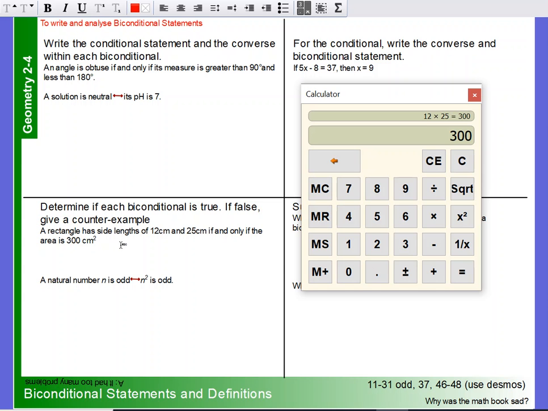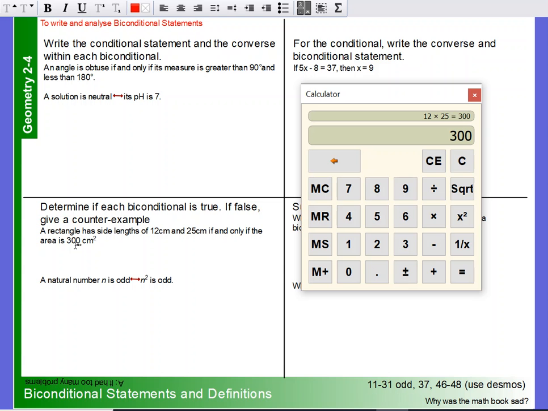Now, that clearly is true, that a 12 centimeter by 25 centimeter rectangle does have an area of 300 square centimeters. But remember, for it to be a biconditional statement, we have to be able to take the converse and it would still have to be true.